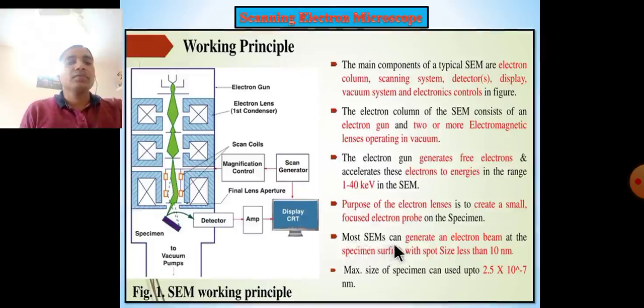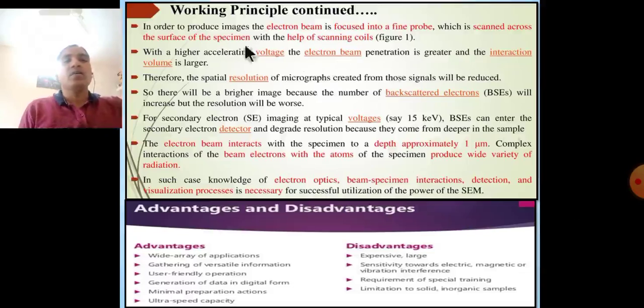Most SEMs can generate an electron beam at the specimen surface with a spot size less than 10 nanometers. The maximum size of specimen can be up to 2.5 into 10 raised to minus 7 nanometer. To produce an image, the electron beam is focused into a fine probe, which is scanned across the surface with the help of the scanning coil.